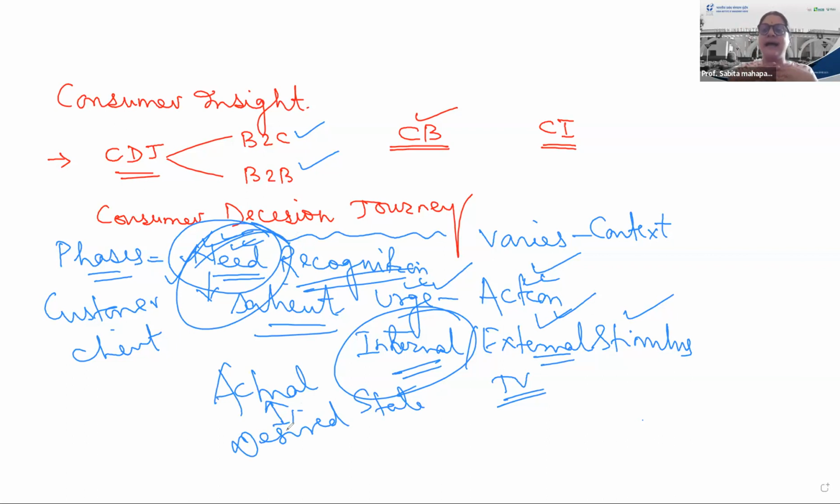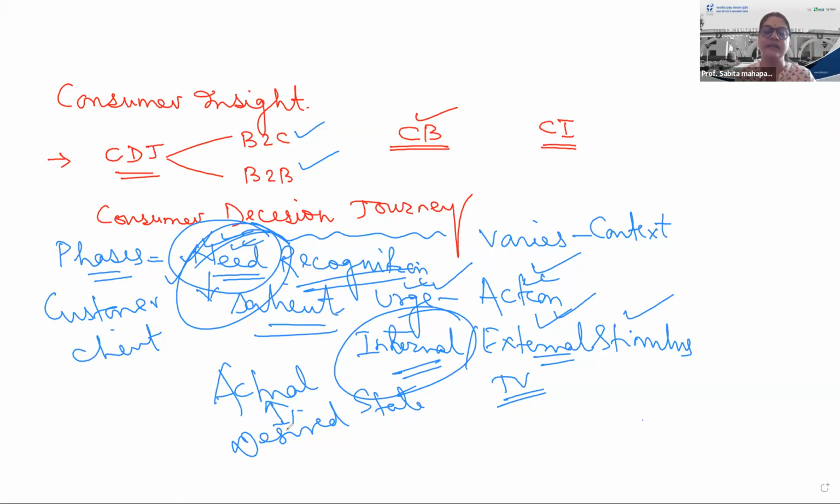Example: actually, I am dark, let's say my skin is dark. I have a desire to have a skin which is fair, and the desire is very strong. So between the actual and the desired, the gap is so big that I have a need for a cream which will help me make my skin appear fair. Unless this gap is wide, I may not attend to buy the product.